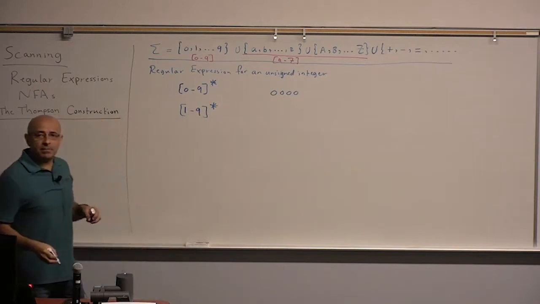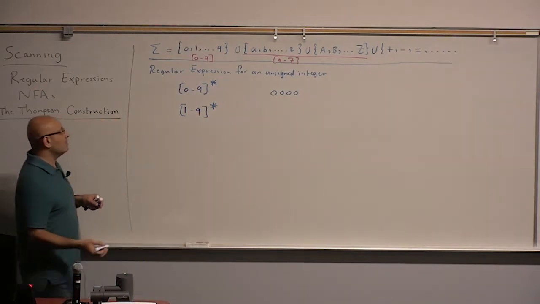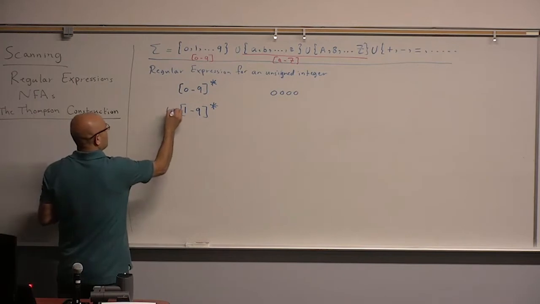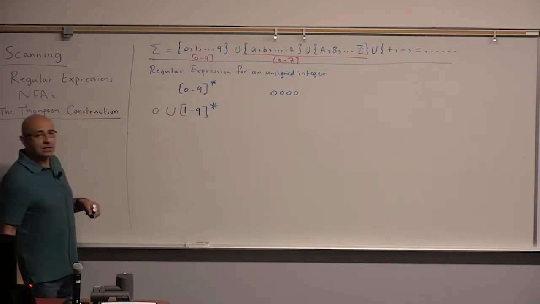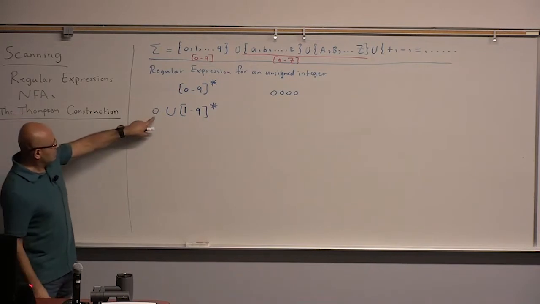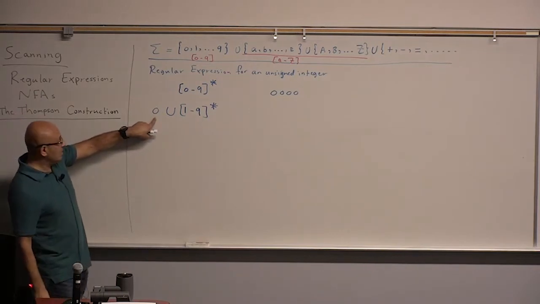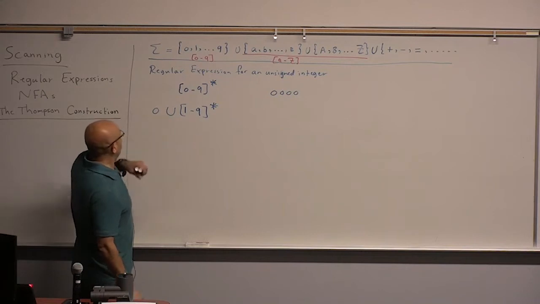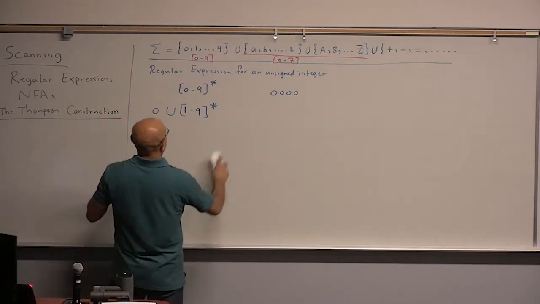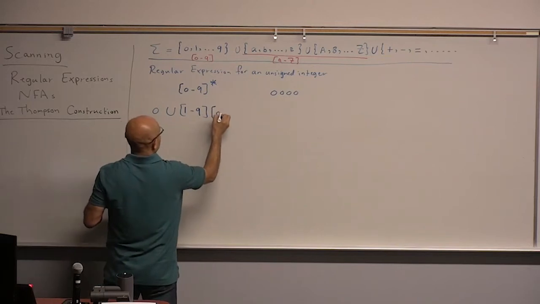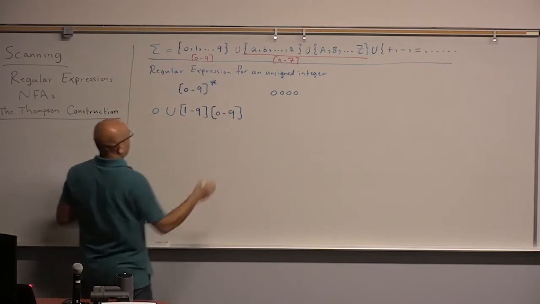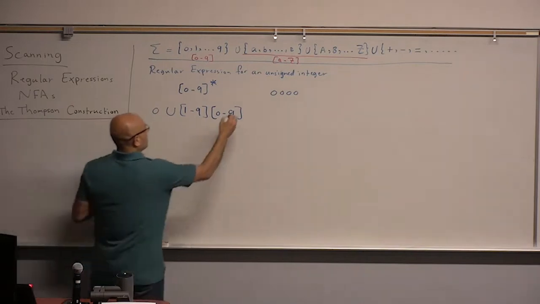But then what's the problem? You can add the 0 by itself, so you can just add union 0. You either have a 0 or you have 1 through 9 followed by 0 through 9 star.